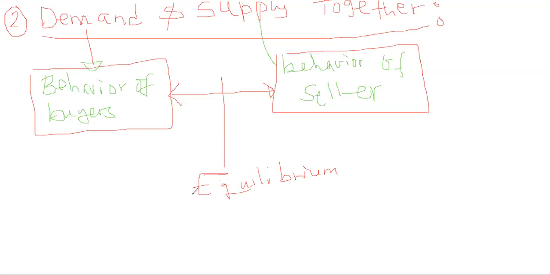An equilibrium is a situation whereby both buyers and sellers are satisfied with the market outcome. So when we say equilibrium, it's a situation whereby the participants in the market are both happy.